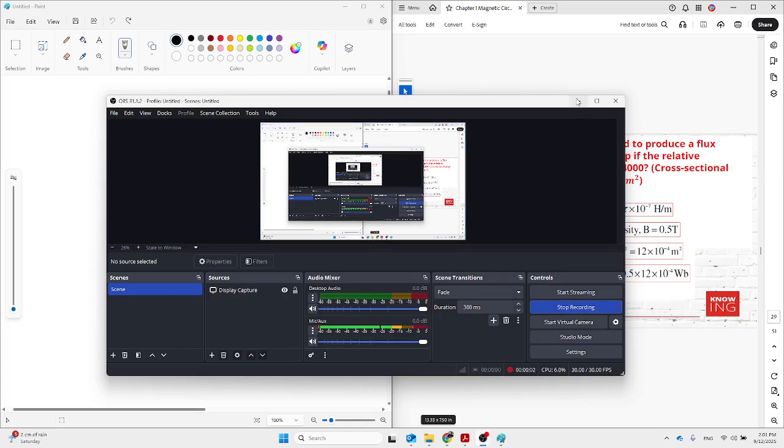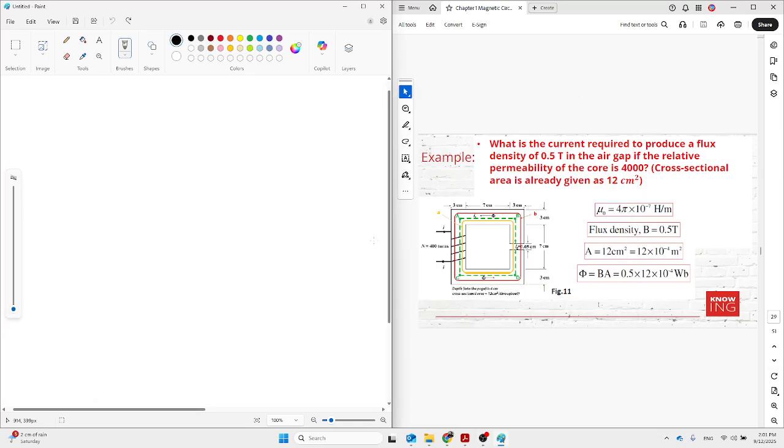Okay, students, to continue this example solution, we are talking about KCL and KVL, and we know the flux phi. My suggestion is to calculate the reluctance for this system. How do we calculate reluctance?